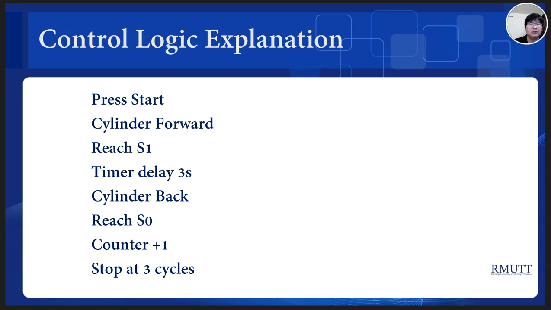When it reaches S0, the counter increases by 1. When the counter reaches the preset value, the system stops automatically. This creates an automatic reciprocating motion.